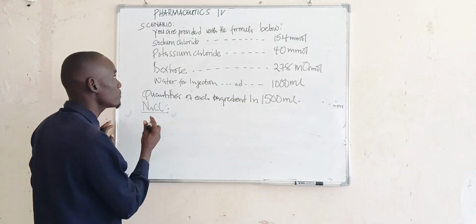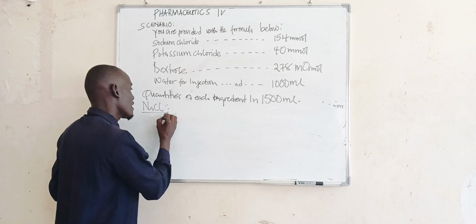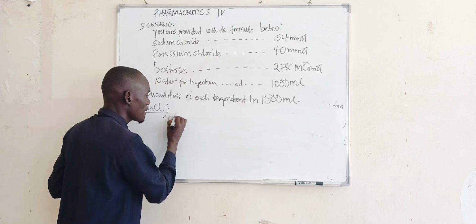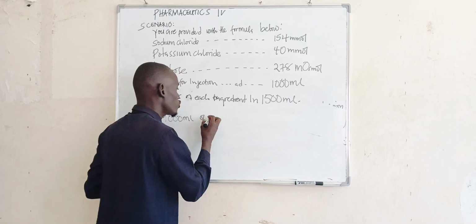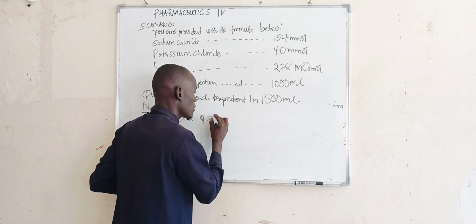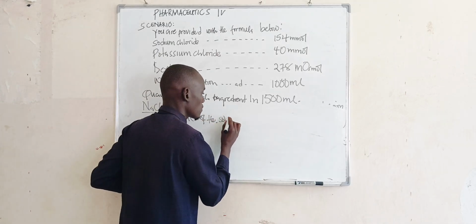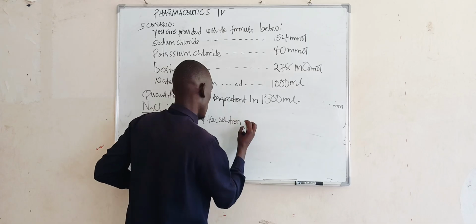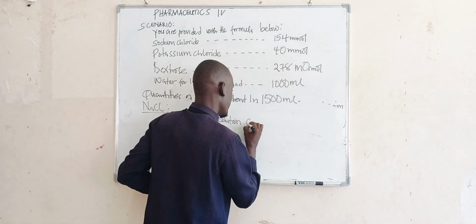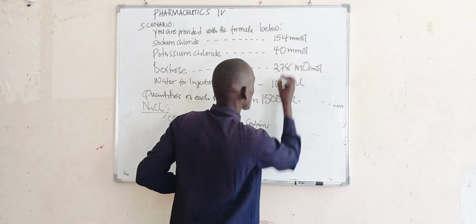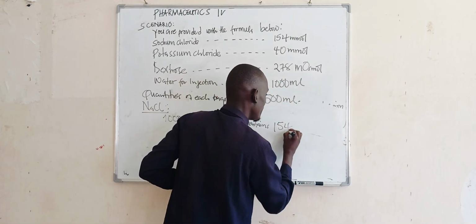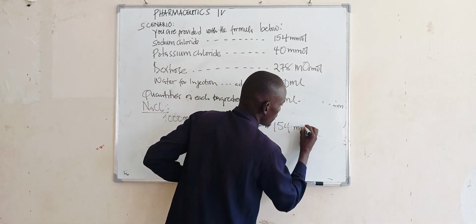So from first principle, we shall say that 1,000 mils of the solution contains 154 millimoles.